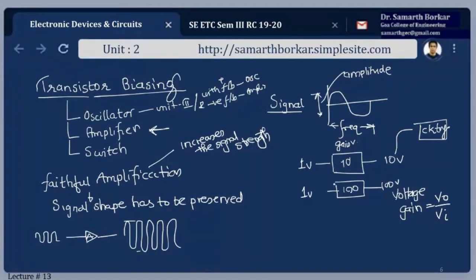Each and every transistor amplifier has a gain associated with it. Now you have designed, say, a circuit. This is VCC. And secondly, the transistor is an active device. This is the most important. A transistor is an active device.